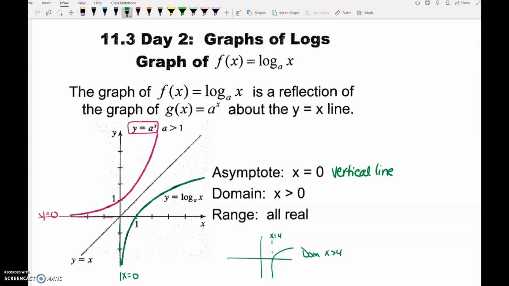This time, the range is all real numbers. So with exponential graphs, our domain was all real numbers, and our range was y is greater than the asymptote. Because an inverse switches the x and the y, the domain of a log function is x is greater than the asymptote, and the range is all real numbers.